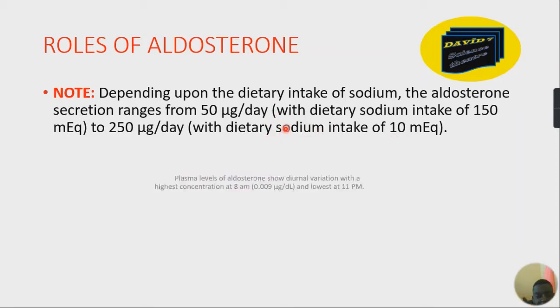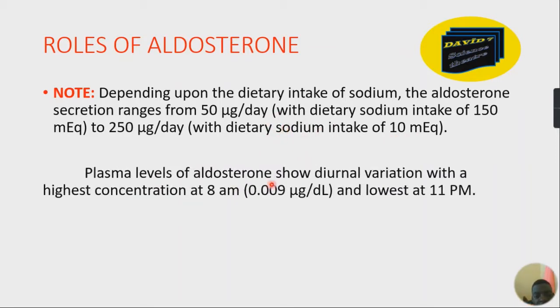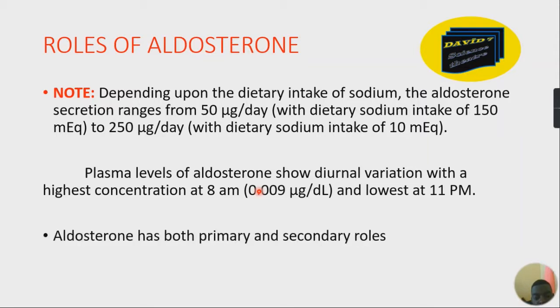Okay, so the plasma levels of aldosterone show daily variation, with the highest concentration at around 8 a.m. in the morning. That's when you have the highest secretion of aldosterone, and the lowest will occur at around 11 p.m. That is in the night. This is early in the morning. So in the night, aldosterone is lowest.